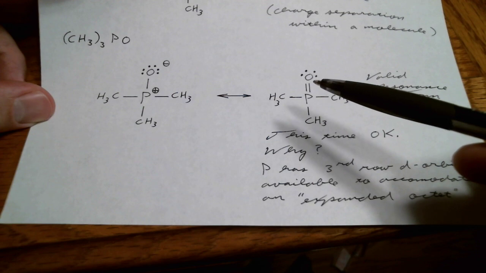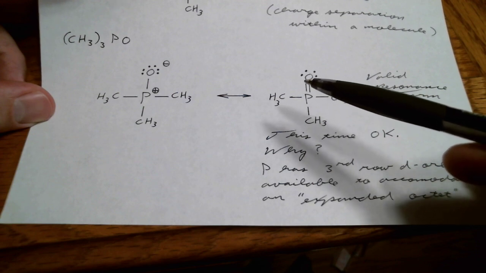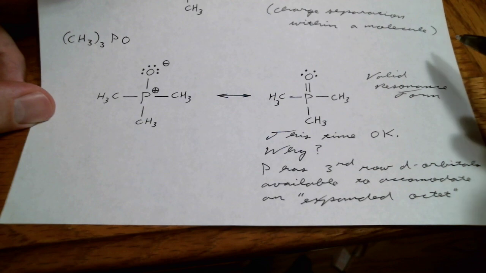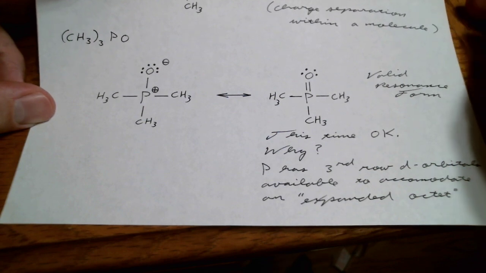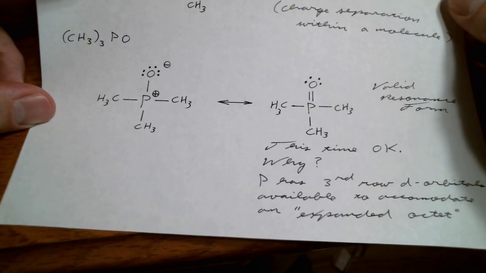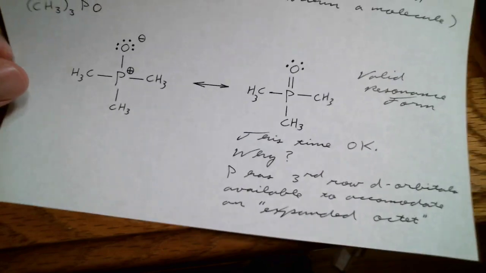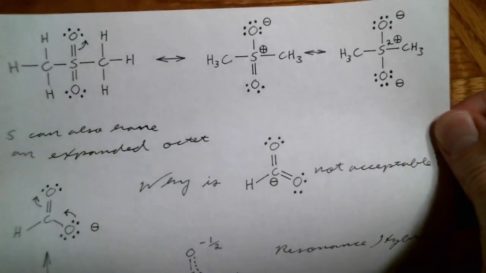So if we counted the number of electrons phosphorus is sharing, 2, 4, 6, 8, 10, that's okay this time because it's not in the second row of the periodic table, it's in the third row on the p block side. The other atom where you will see that that is possible is sulfur.